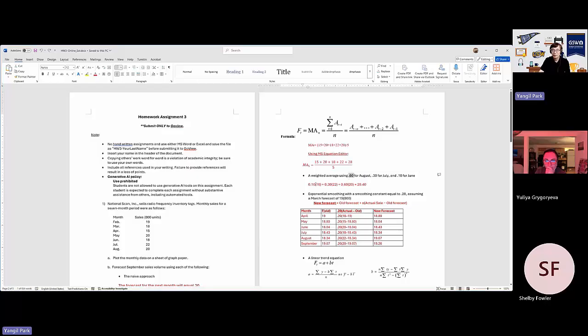So weight is given to certain variables. So in this example, where's the question? Oh, there you go. So weight is given 0.6 for August, 0.3 for July, 0.1 for June. So all you do is just multiply by the weight, right? However, it's not divided by the number of months or number of periods.